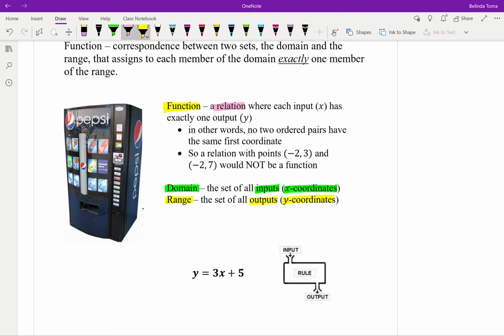In the function rule in front of you, we put our input x in, and it's going to take that input, multiply it by 3, and add 5, and that will in turn give us the output. Oftentimes you'll hear this called a function machine.